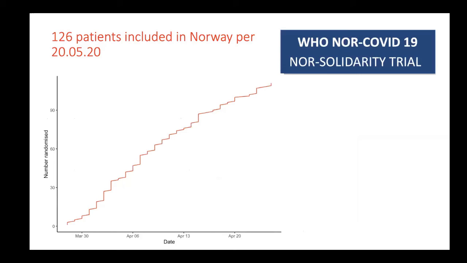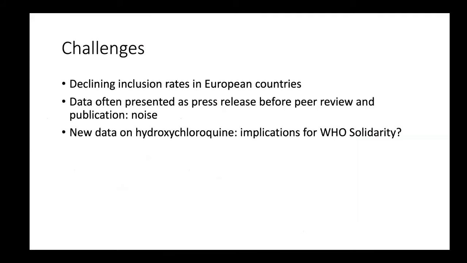So until the beginning of May, we included more and more patients every day, but this curve has really flattened out now. So now maybe we recruit 2 patients per week, something like that. Next slide. So the challenge we face now, not only in Norway, but also in the rest of Europe, is declining inclusion rates. This WHO study is also going on in Brazil, so there we'll probably have better inclusion.